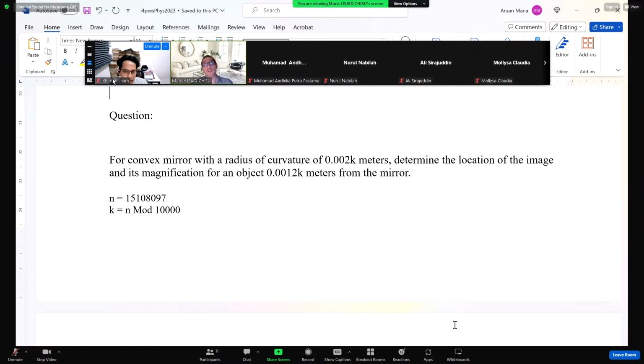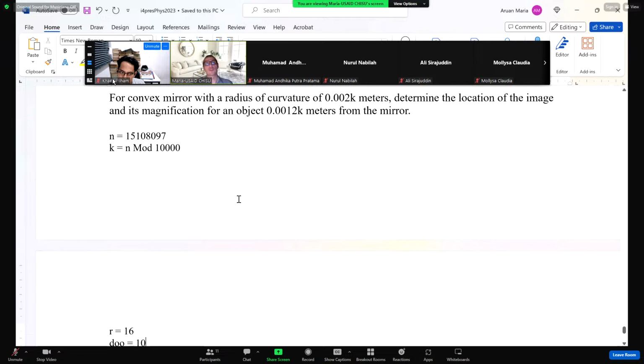So we know the object distance, we know the radius of curvature, which means that we know the focal distance, and therefore we can find the distance to the image from this equation, and the magnification factor.